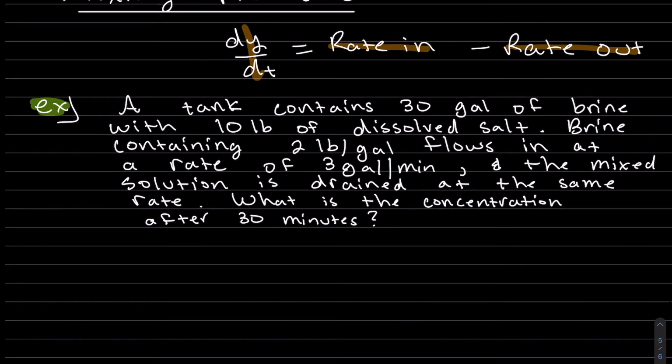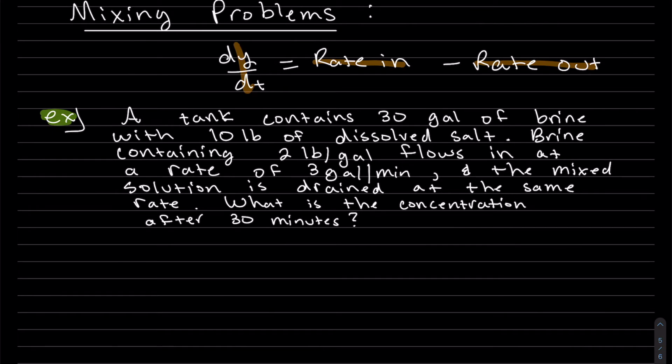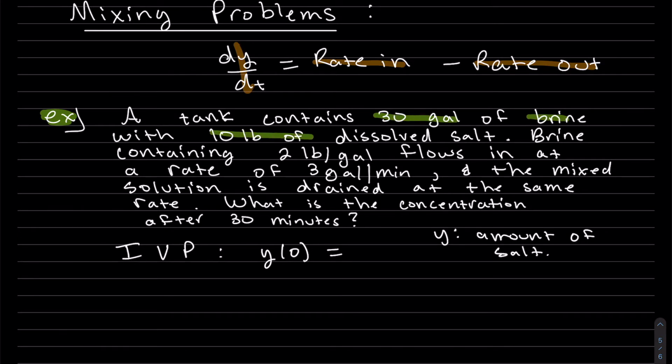So this has a couple different parts to it. Let's first write out our initial value problem, where y of 0. What's y of 0? That's when time is 0. Remember, our y is the amount of salt. So initially, it contains 30 gallons with 10 pounds of dissolved salt.